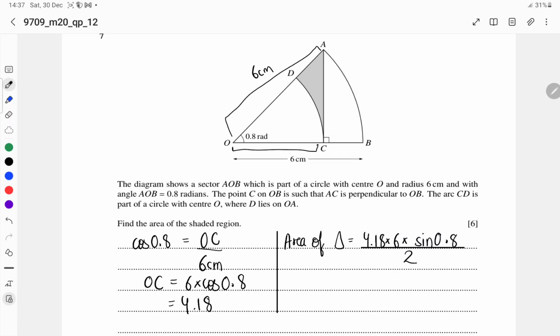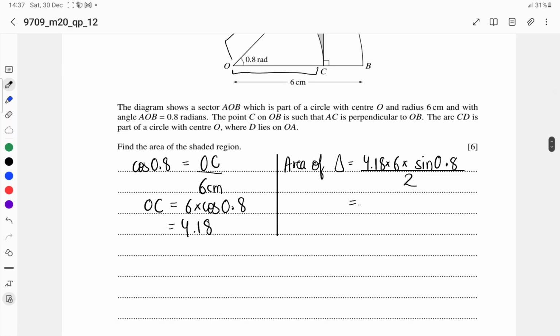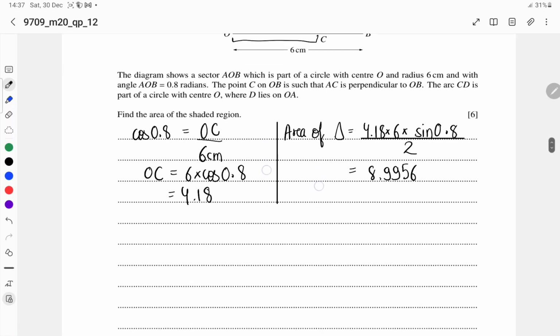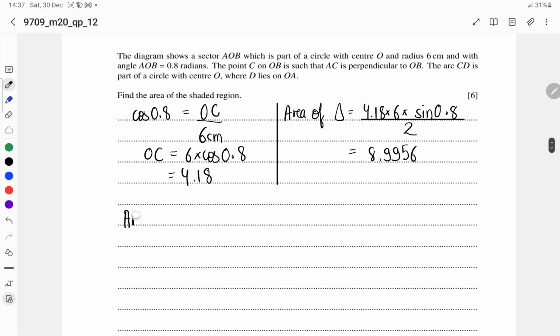So what are we going to get for the area of the triangle? 4.18 into 6 into sine of 0.8 over 2. We are going to get roughly 8.99556. And then we are going to get the area of the sector.